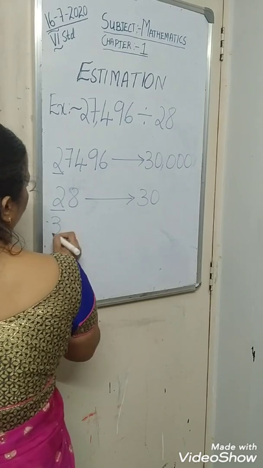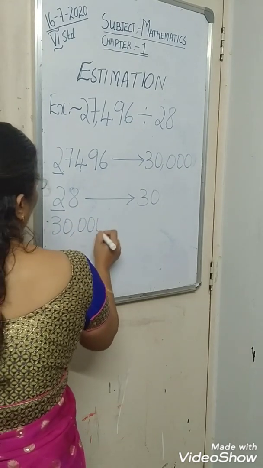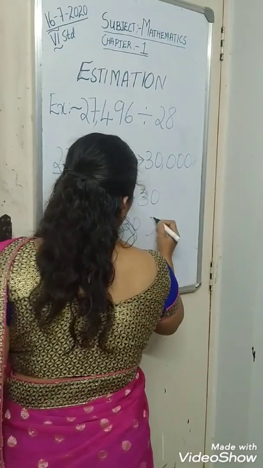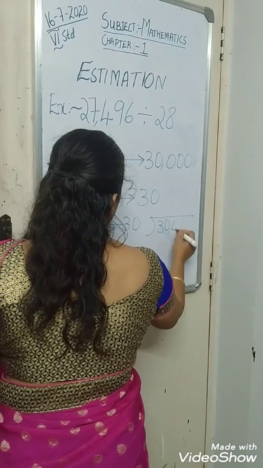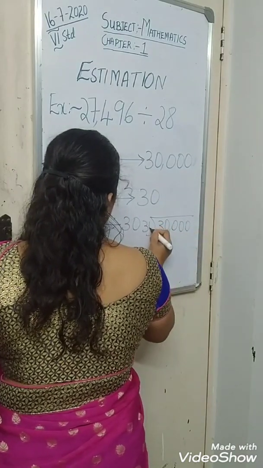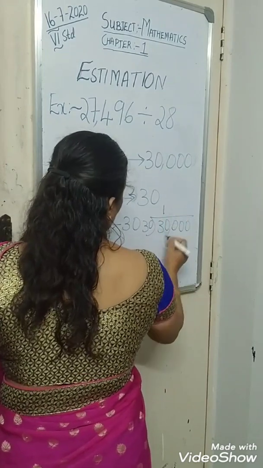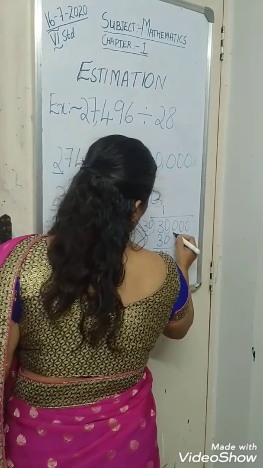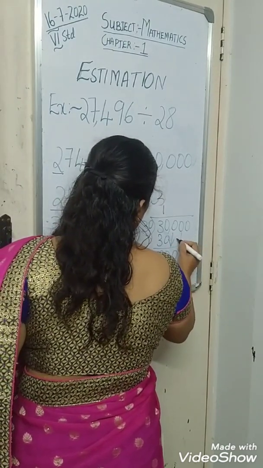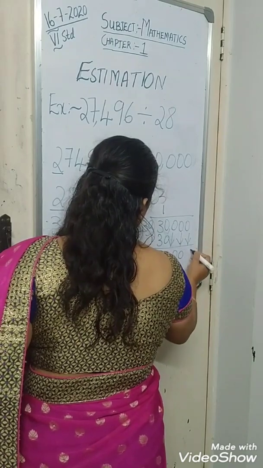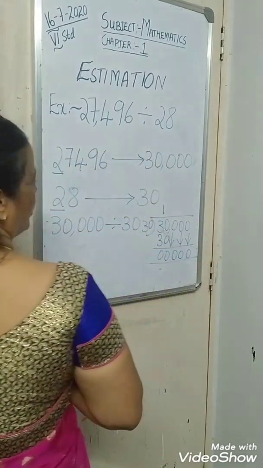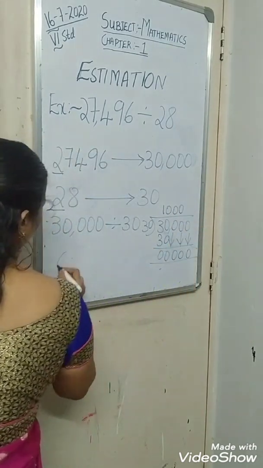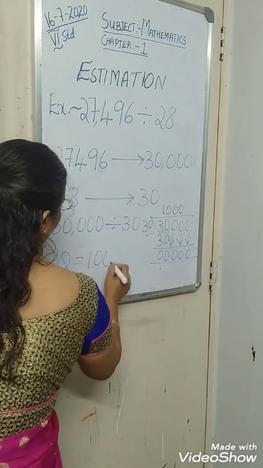Now let us divide 30,000 and 30. When we divide 30,000 with 30, we have 3 1s are 30. We get the remainder as 0. Now let us take 0 here, again a 0, again a 0. Since we cannot further divide, we will add these 3 zeros in the quotient. So the quotient is 1000.